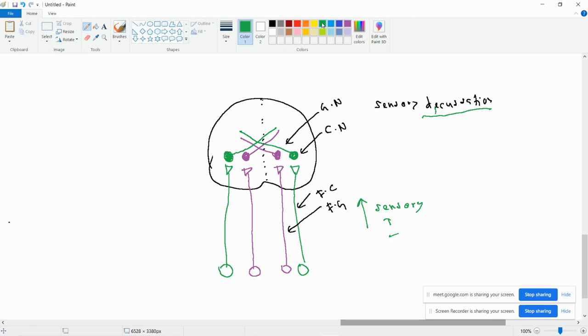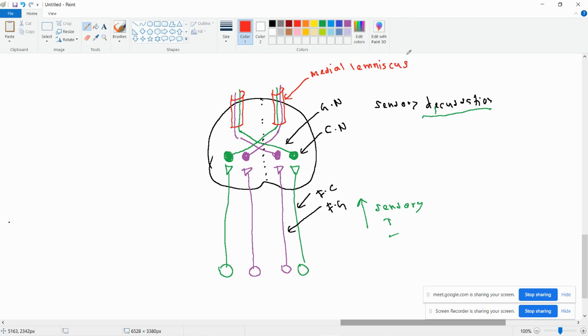Once these fibers decussate each other, after decussation, they run upward. After sensory decussation, this bundle of axons we call the medial lemniscus.